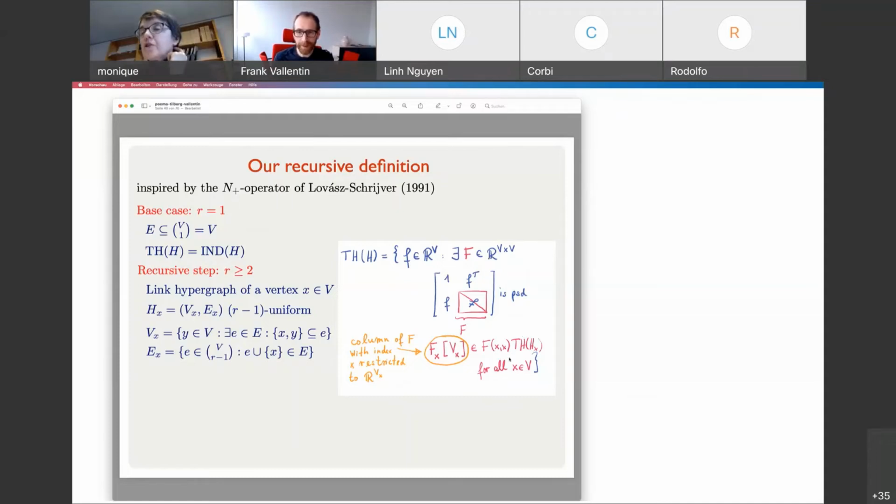Can I ask a question, Frank? Of course, please. In the definition of the N+ operator, there would also be a condition saying that the zeroth column minus the x column belongs to somewhere. So you don't have such a thing here. We don't use this here now. The motivation is that we want to have it as simple as possible in order to make some analytic bounds at the end.